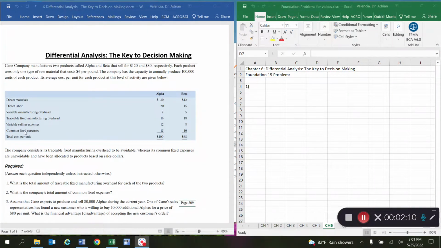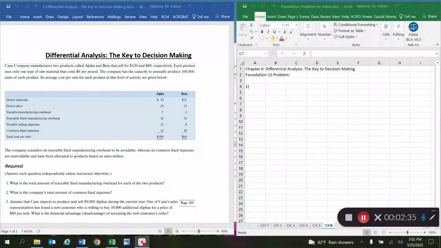Those are unavoidable. Even if you get rid of the product, you're still going to incur these $15 per unit. But these traceable fixed manufacturing overhead costs are traceable and avoidable if for some reason we decide to discontinue that product line, which is nice.